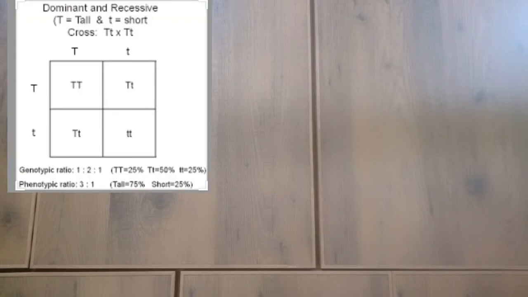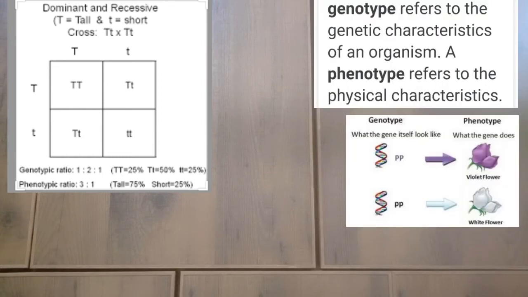Now, we have to find out what is the genotypic ratio and what is the phenotypic ratio. Phenotypic means when we look at a plant or a particular organism, the look of it is known as the phenotype.